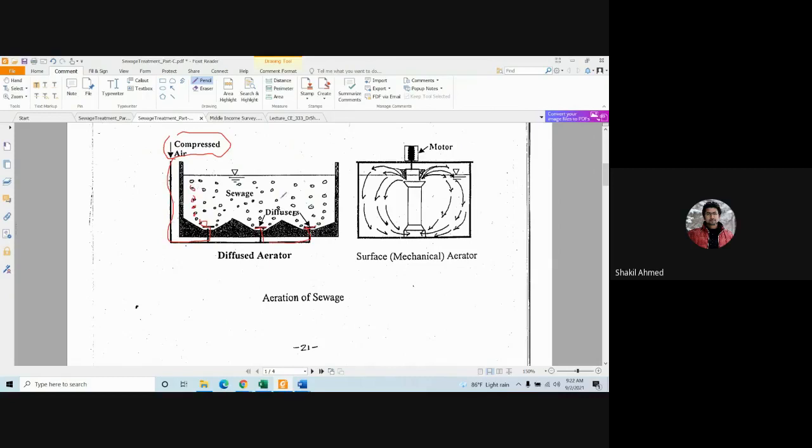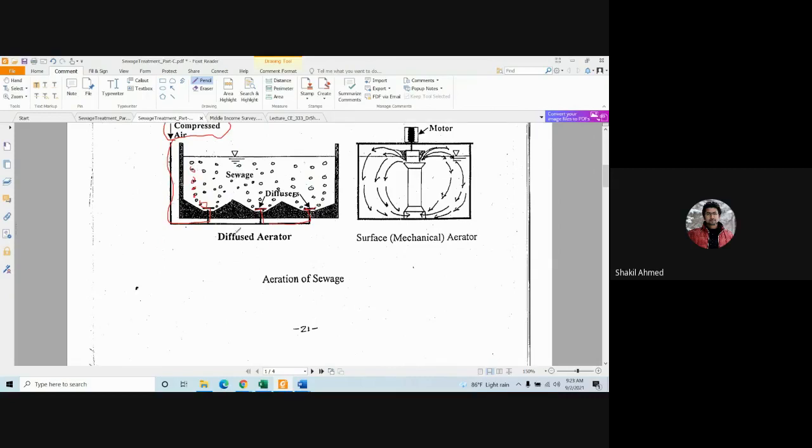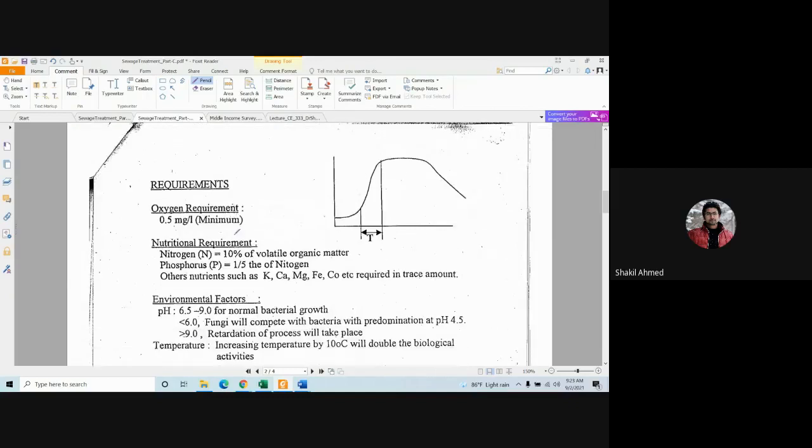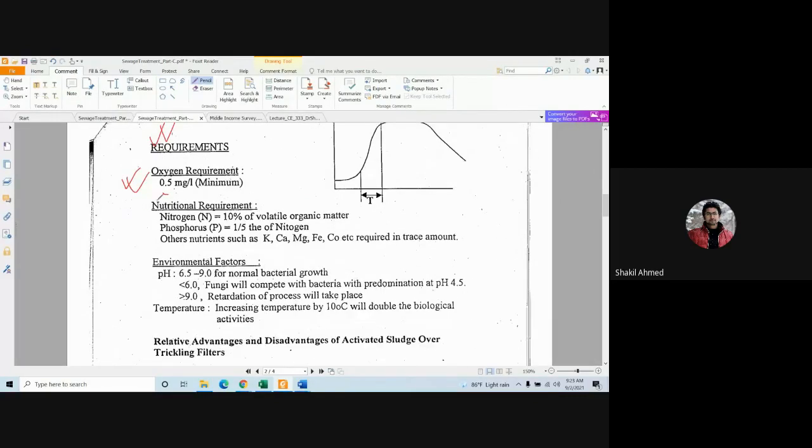You are mixing the air with the water. Requirements: oxygen required for this process is 0.5 milligram per liter minimum. Minimum oxygen requirement is 0.5 milligram per liter.